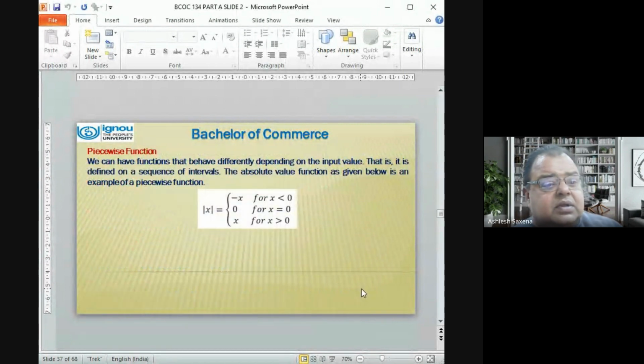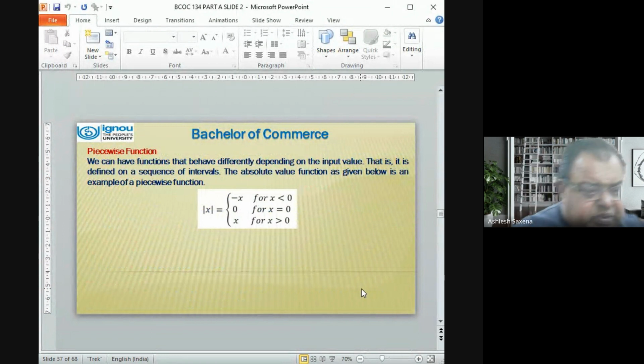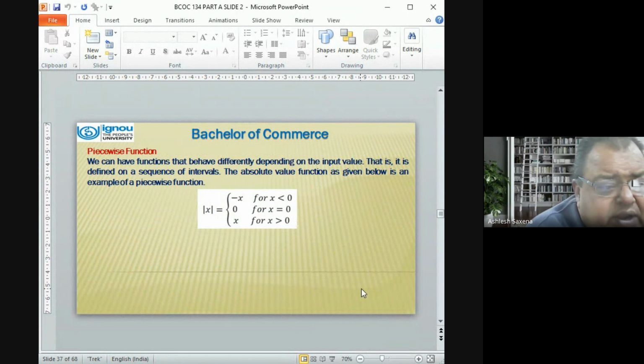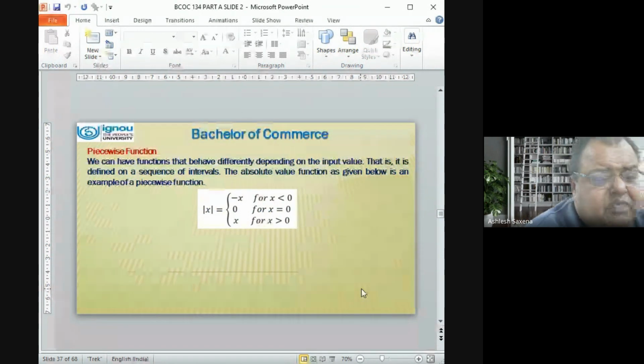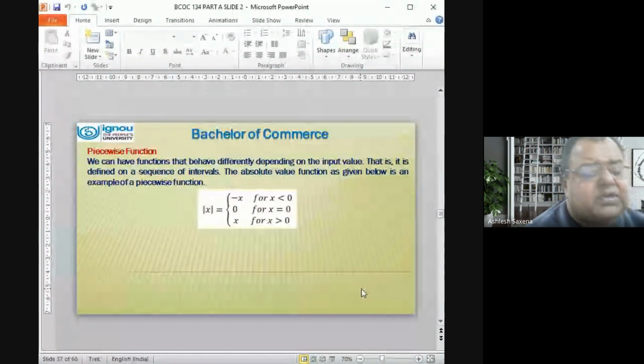Then comes piecewise functions, where we can find functions that behave differently depending upon the input value. That is, it must define the sequence of the interval. The absolute value function is given below as an example of a piecewise function.